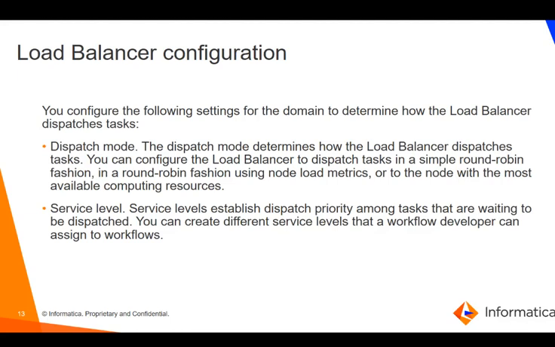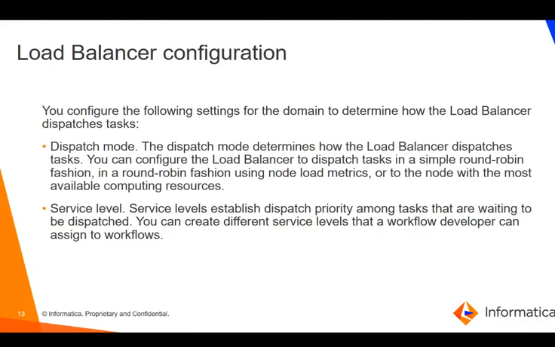There are three modes for this dispatch mode. First is round robin, which dispatches in a round robin fashion. The second one is node load metrics, and the node load metrics will actually have two within it. I'll get to it.